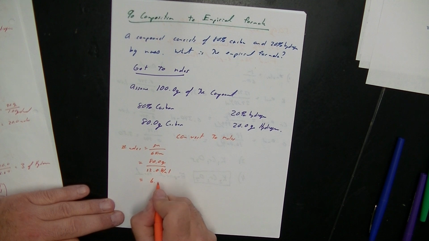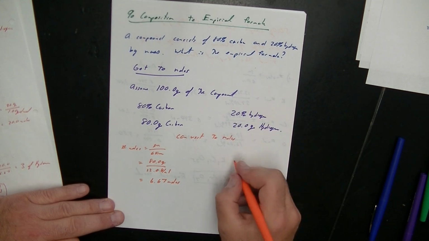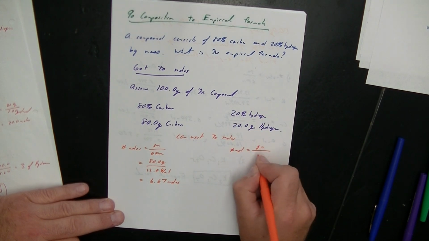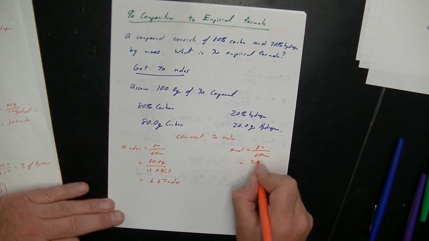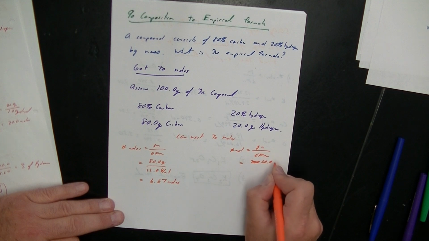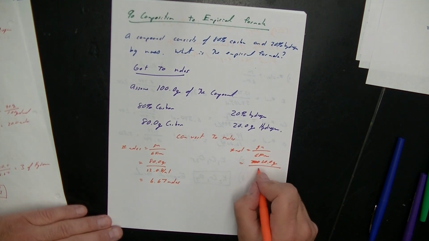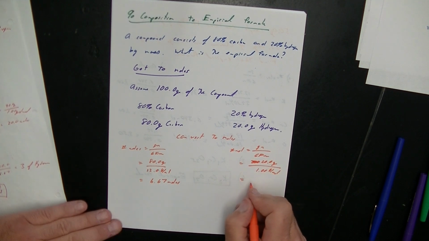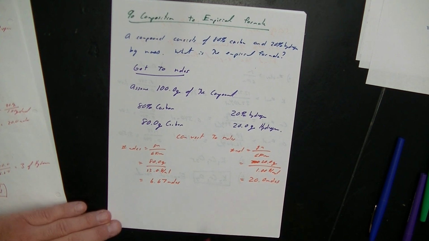Turns out that I have 6.67 moles of carbon. I'm going to do the same thing for my hydrogen. Number of moles equals given mass over gram formula mass. I have 20.0 grams divided by 1.00 grams per mole, and I would have 20.0 moles.